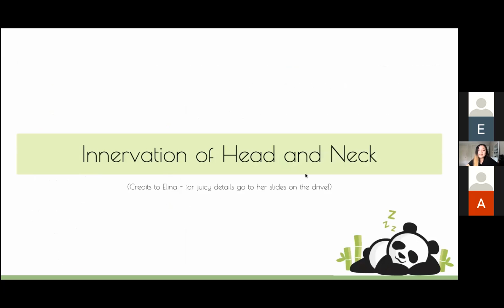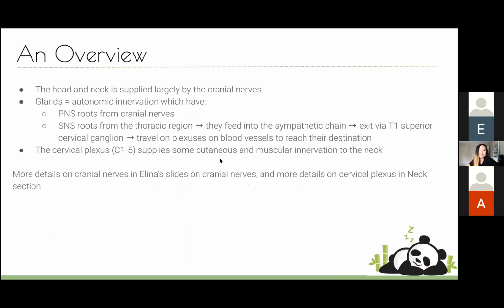Cool. This is innervation of the head and neck. Thank you to Alina for lots of these. Your head and neck is largely supplied by your cranial nerves. You've got a couple of glands in there, such as your lacrimal gland, some nasal ones, and salivary glands. These have autonomic innervation, so they need PNS. Your parasympathetics make them secrete, and then SNS does the opposite.